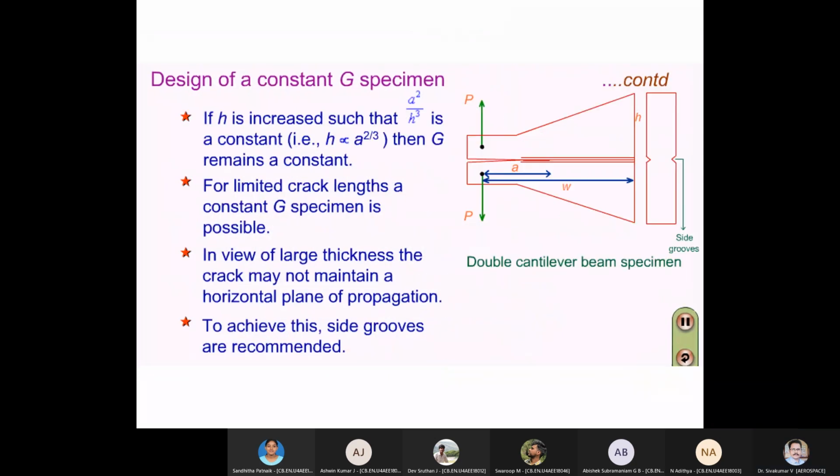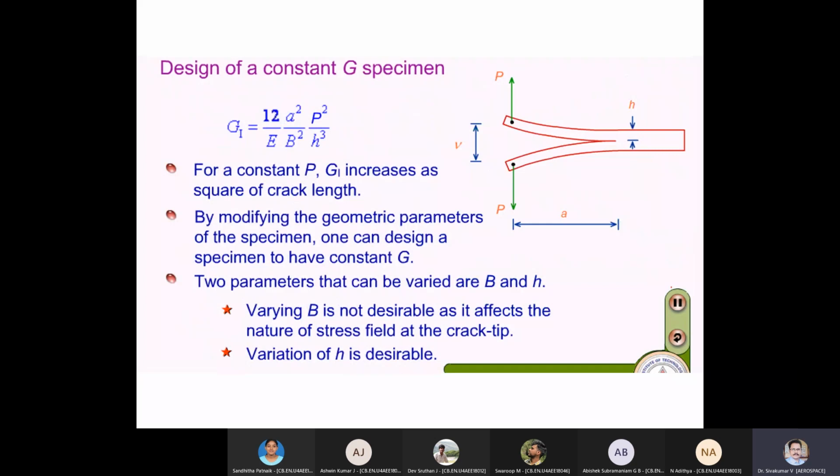Now, when we do this particular test, DCB, double cantilever beam, I should get a consistent, constant value of G. Whatever specimen somebody is using, the G cannot be varying. So what to do?